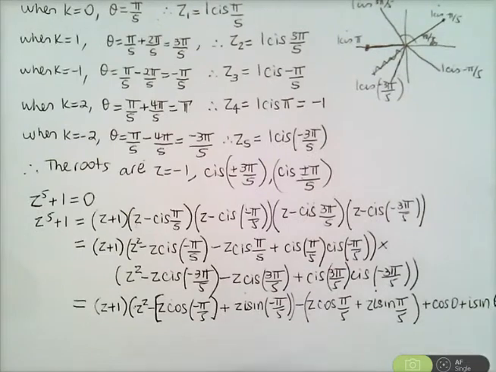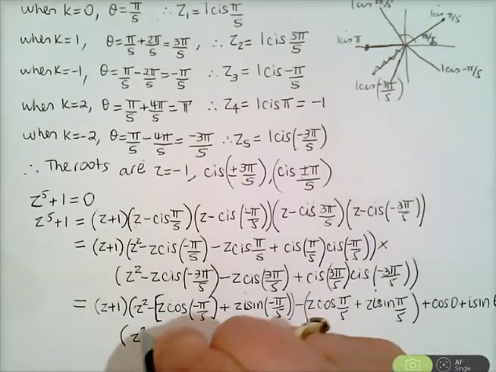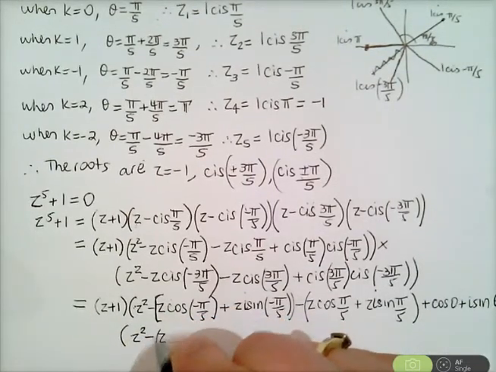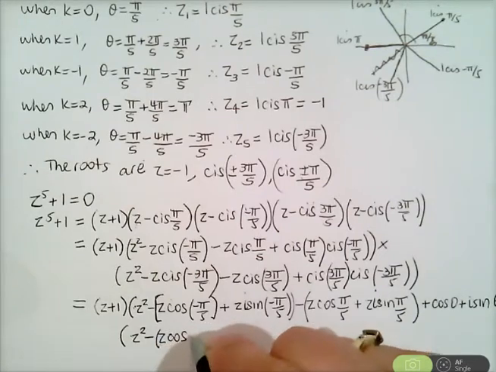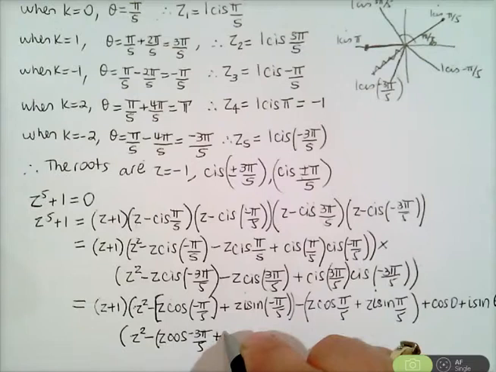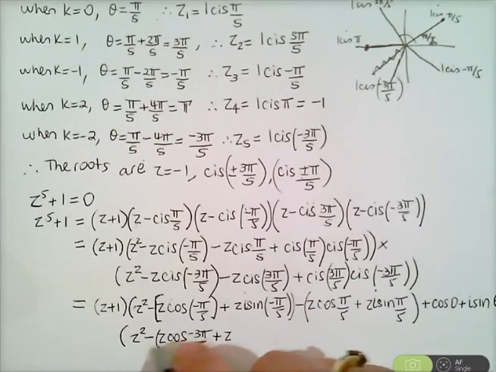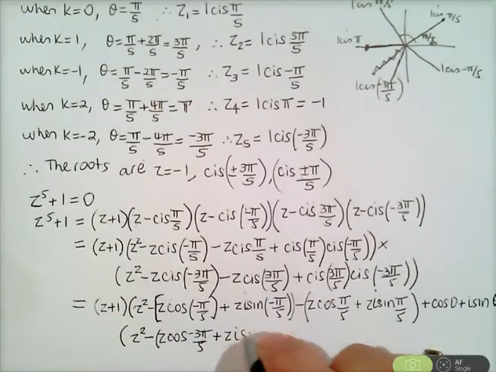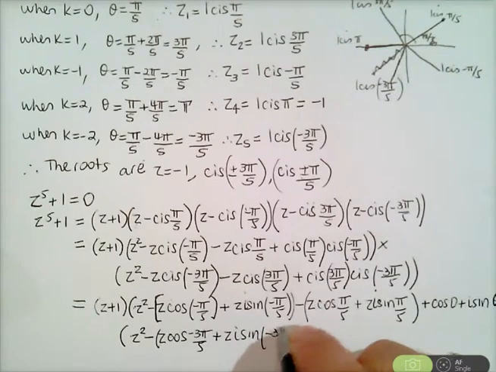And then that will be multiplied by z squared minus z, bracket, cos minus 3 pi on 5 plus z, I probably could have put the z out the front, but it doesn't matter, z i sine minus 3 pi on 5.